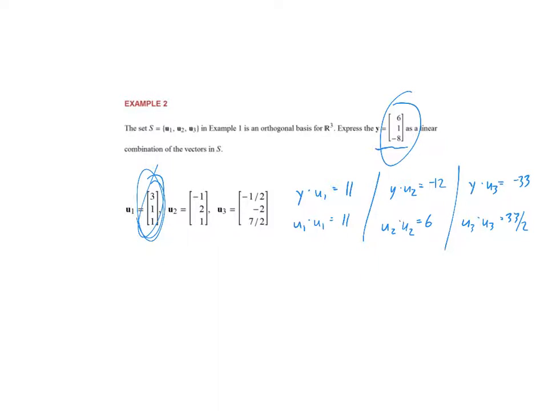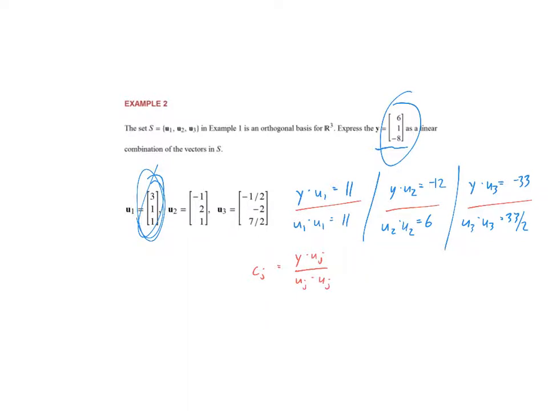Now each weight, from the definition or from the previous theorem, is this over this, this over this, this over this. Okay, so that was the formula. The weight, the Cj, is equal to y dot uj over uj dot uj.